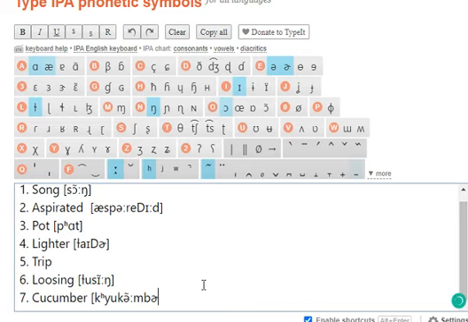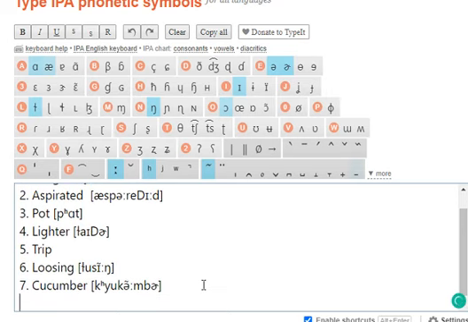And that's it. Okay, we finished the narrow transcription of the word cucumber. Then we close it with a square bracket. 8. Okay, word number 8.